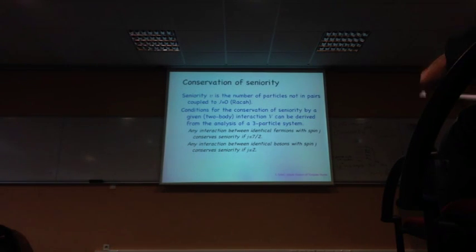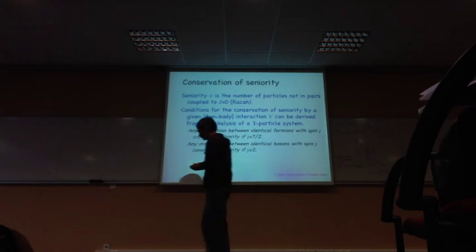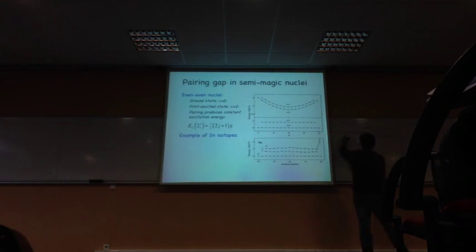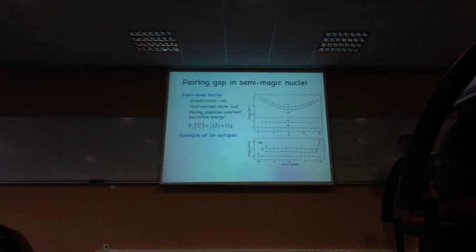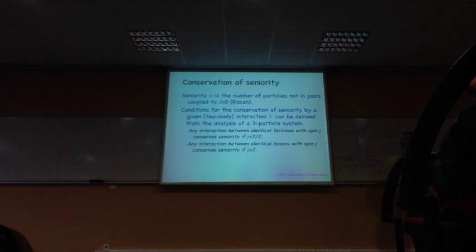So pairing interaction with A equal to 0, but now I take all of these numbers, 2j minus 1. In principle they can be non-zero, as they will be in an actually realistic interaction. What about seniority? Is seniority a good quantum number, or is seniority broken?